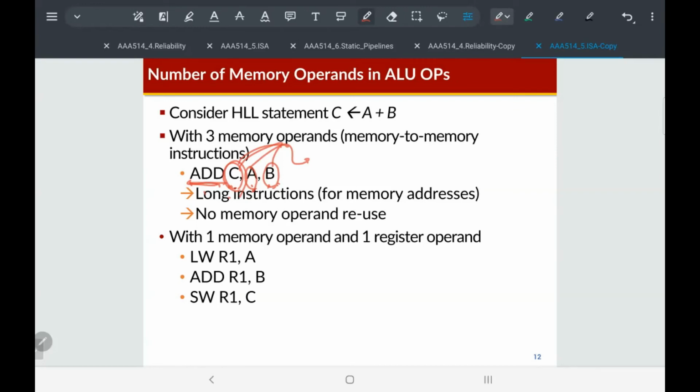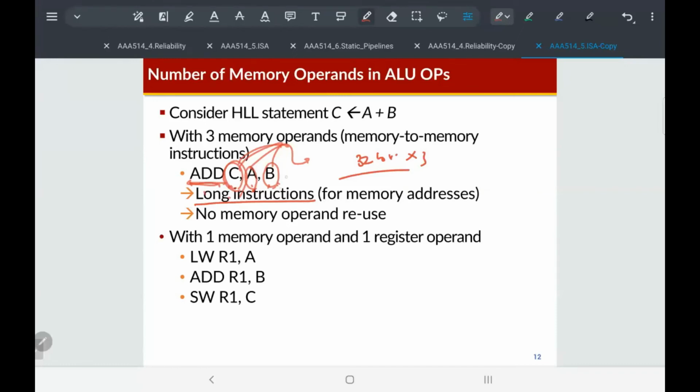But for 32-bit computers, you need to use the 32-bit memory address, which means that in order to access the data for these variables A and B and C, we require at least 32 bits multiplied by 3. So very large. Which means that we require very long instructions to include the memory addresses.